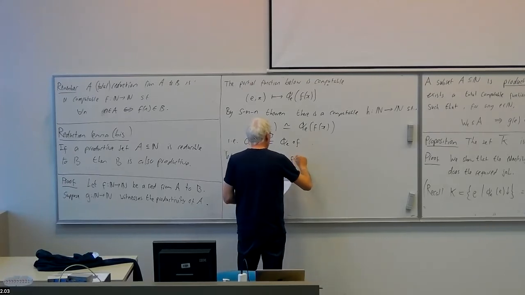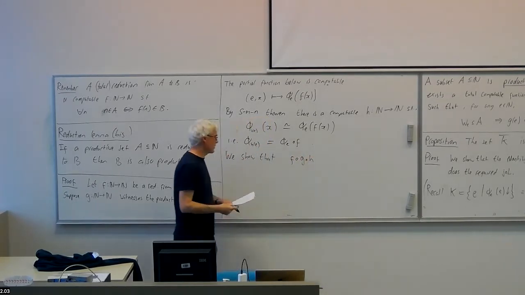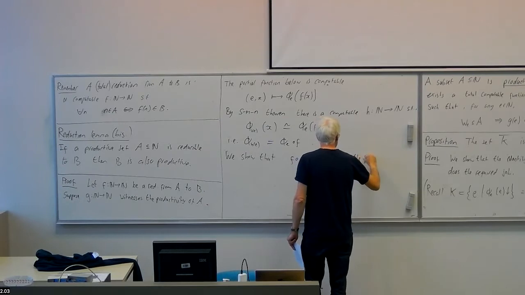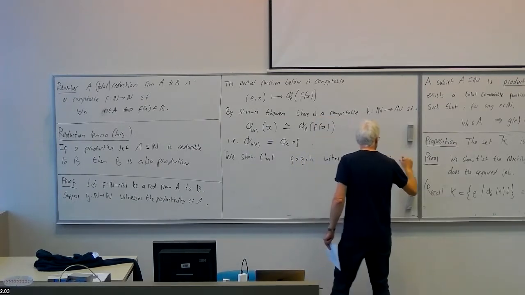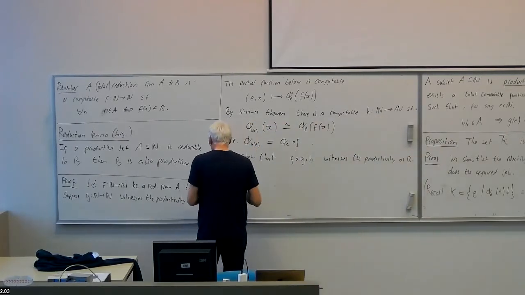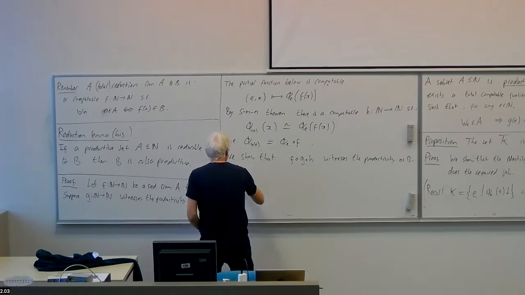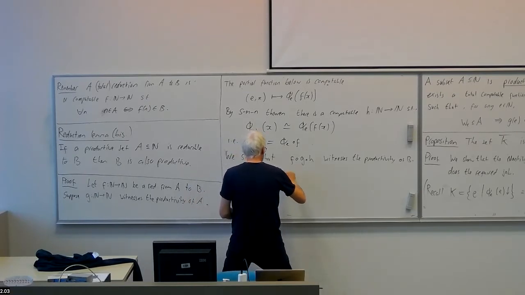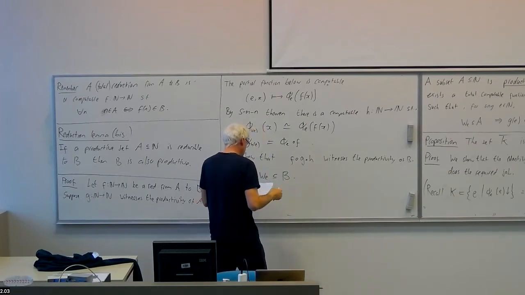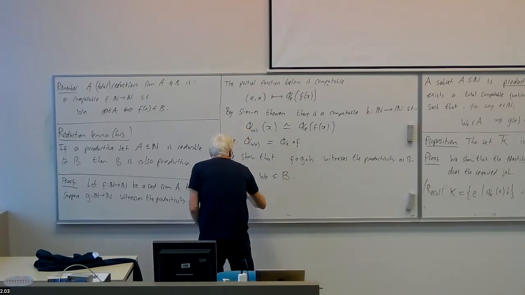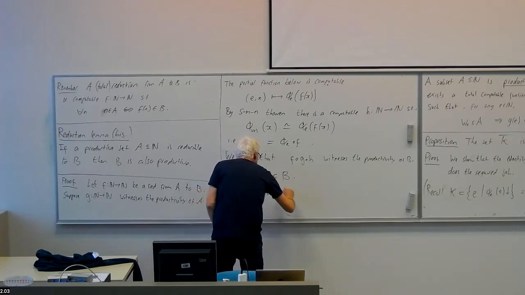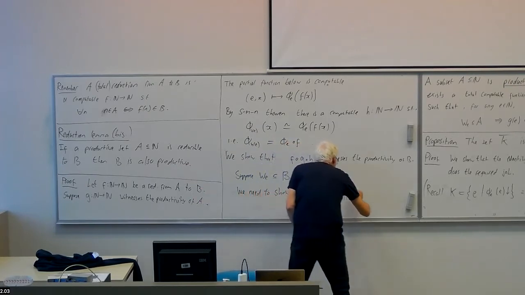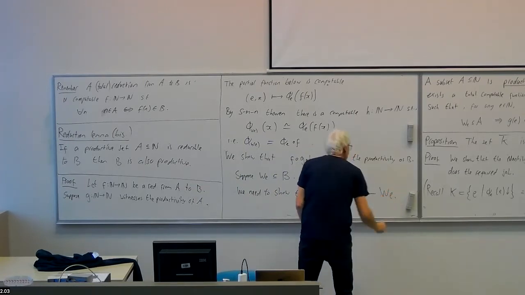So we're going to show that the composition f composed with g composed with h, the composite of three total functions, witnesses the productivity of B. So in other words, we suppose that W sub e is a subset of B. And we need to show that f, g, h of e belongs to B, but is outside of W sub e.